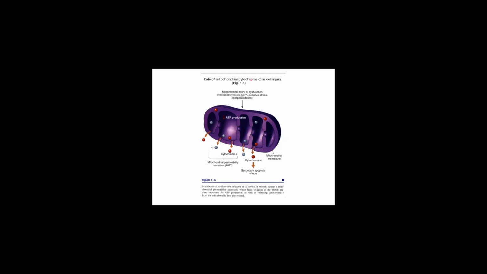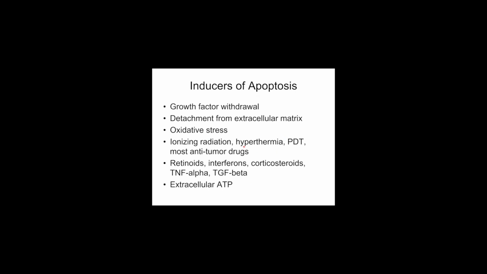So what happens is when apoptosis is going on, protons get pumped out, and so is cytochrome C. So if we see a lot of cytochrome C within the cell, it's usually an indicator of the fact that apoptosis is ongoing. What induces it?